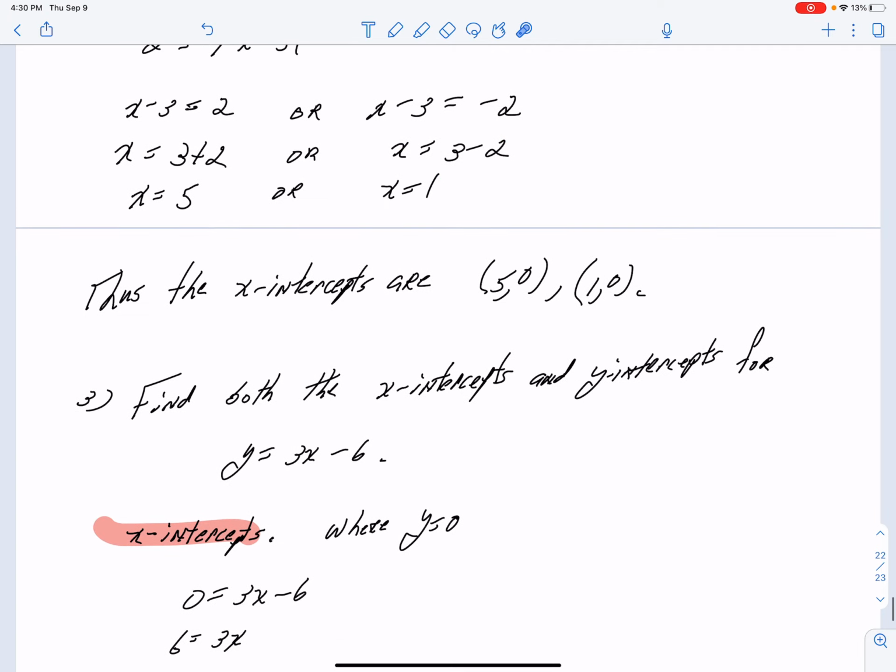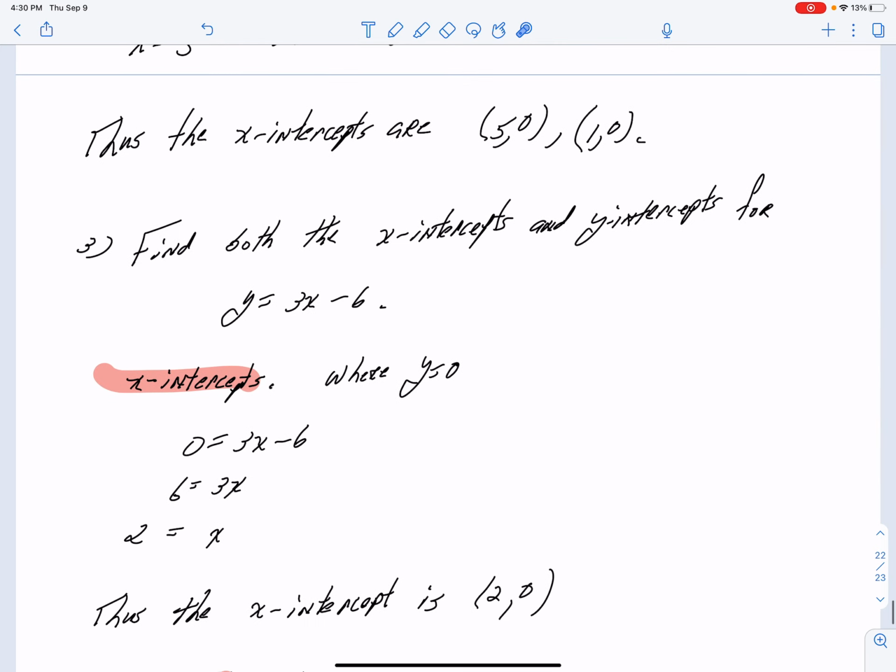So what are my x-intercepts in that case? The answer is the point (5, 0) or the point (1, 0). Remember, for an x-intercept, y has to have a value of 0.